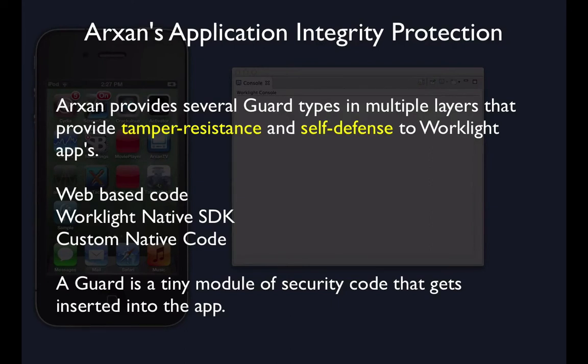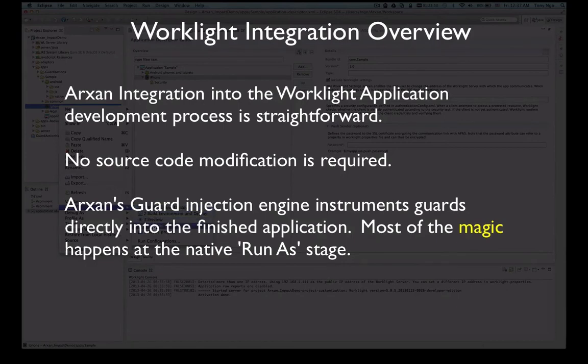Here you can see that Arxan inserts tiny guards into every Worklight application that protects the presentation layer as well as the native SDK libraries, and optionally, any custom native code provided by the developer. The integration is very straightforward, as no source code modifications are required to any Worklight application.